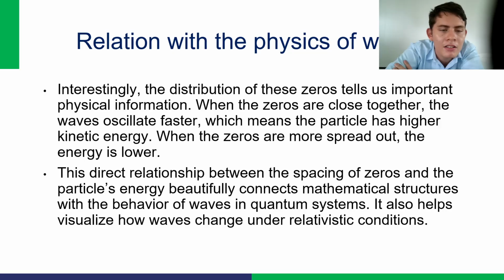This direct relationship between the spacing of zeros and the particle energy beautifully connects mathematical structures with the behavior of waves in quantum systems. It also helps visualize how waves change under relativistic conditions.